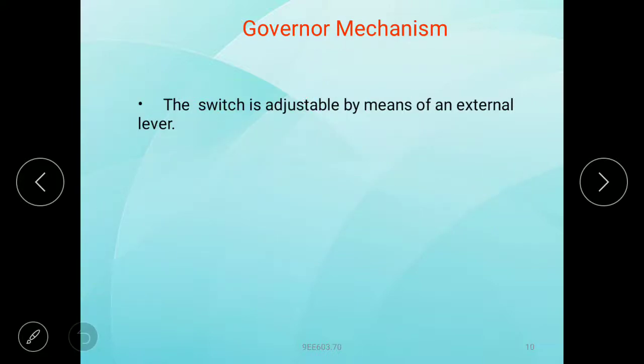The governor mechanism, that is the switch, is adjustable by means of an external lever.